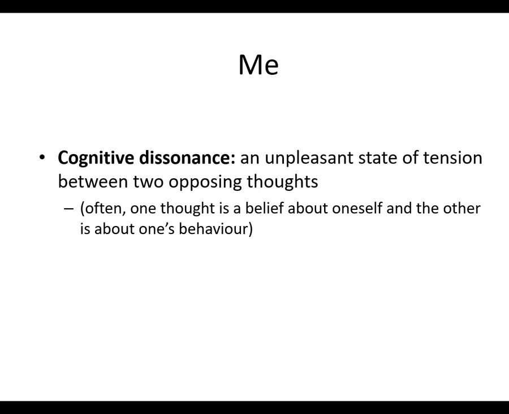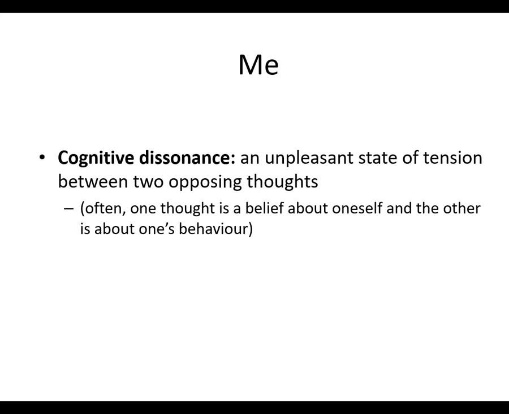The cool, counterintuitive observation of Festinger and Carlsmith was that when we later asked individuals whether they thought the task was fun, the group that got paid less reported thinking that the task was more fun. What students in lecture tend to predict is that the participants who got paid more would say it was more fun. But what actually happens is the opposite in this paradigm.